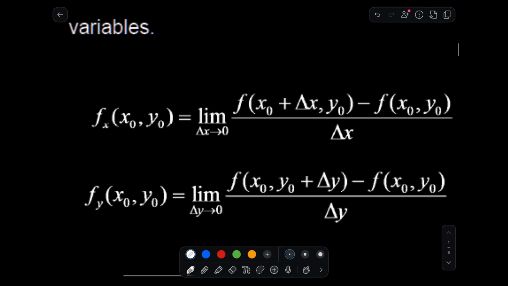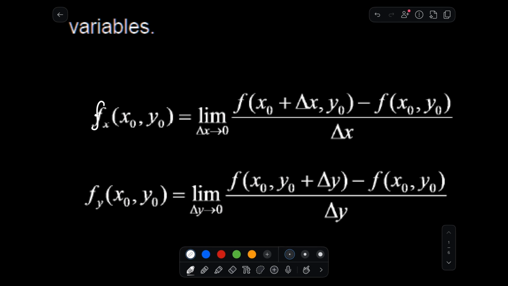One important piece of notation that you should be familiar with is seeing this f sub x, f sub y. And this is paramount to having an understanding of partial derivatives in this course, because it's different than saying dy dx or df dx.